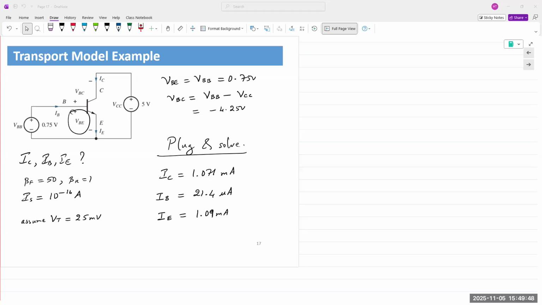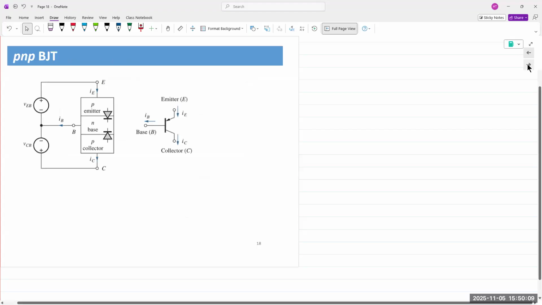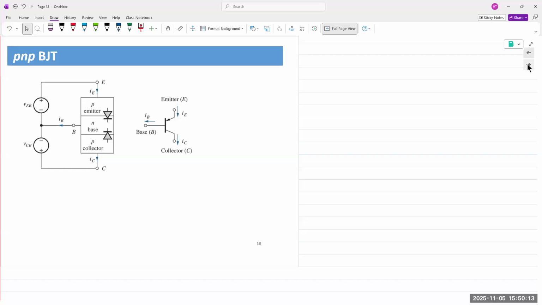Okay. The transport model remains the same, or not same, but similar to a PNP. In the PNP transistor, everything is flipped. Holes are exchanged with electrons, electrons with holes.